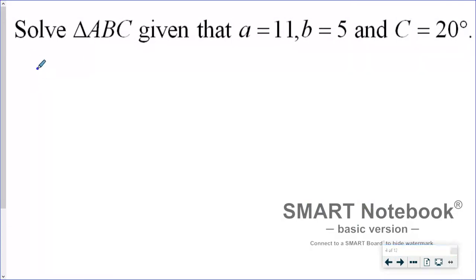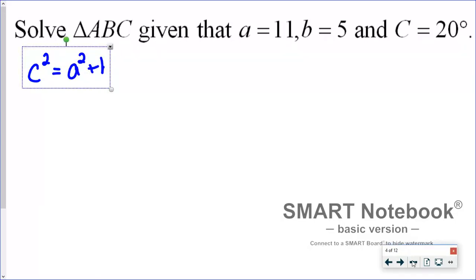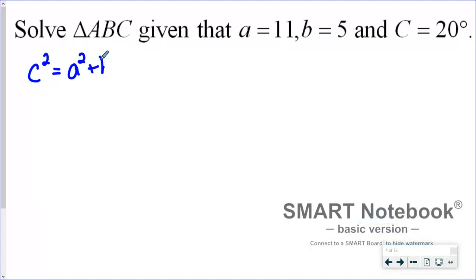All right, so here we have c squared is equal to a squared plus b squared minus 2ab times the cosine of angle C. So now all we have to do is plug all of this stuff in.